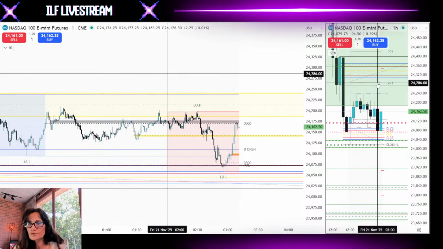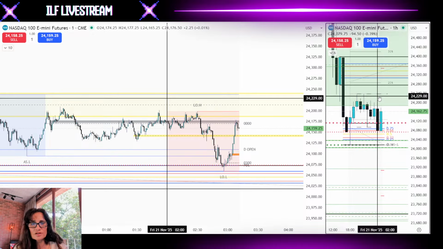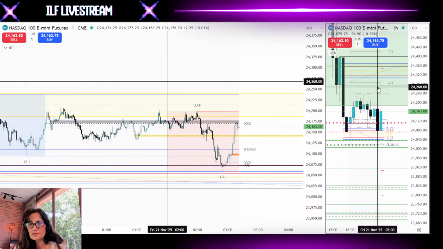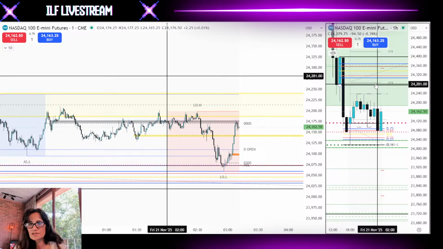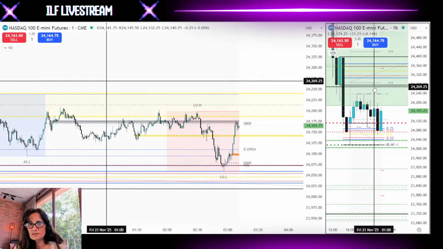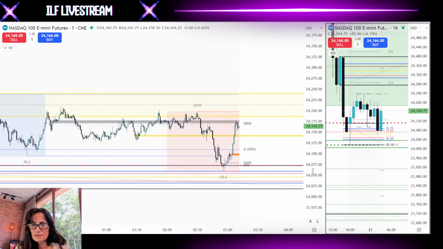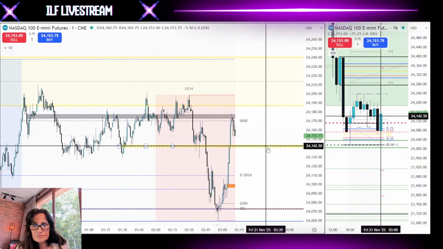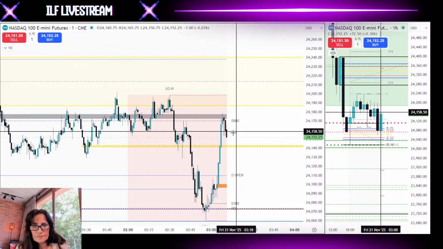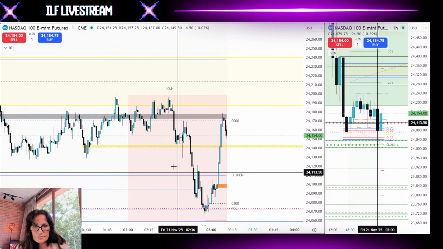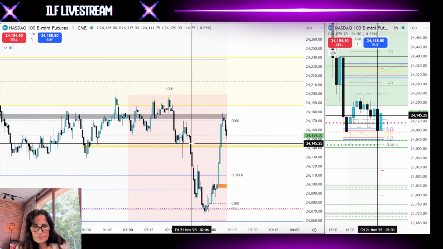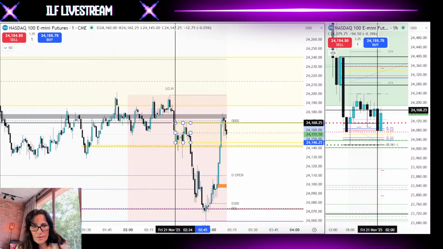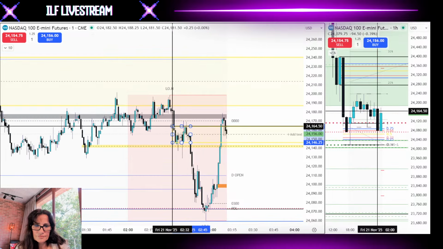Now, I prefer it not to go into the 20%, so I would actually be careful. I don't want it to go into the 20% of the weekly range yet, so I would prefer just to go here. Breaker.